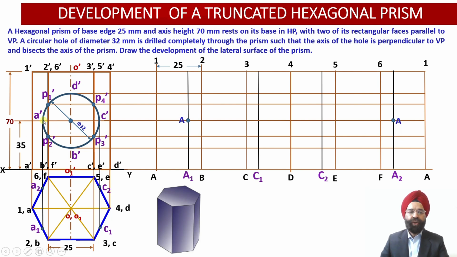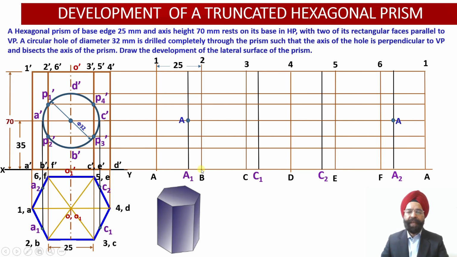So once we draw a horizontal projector through point A dash, because A dash happens to be the first point of intersection, we know that point A into the development surface view will be located onto the vertical projectors corresponding to the points A1 and A2. So A1 vertical projector happens to lie between the edge AB, and A2 vertical projector happens to lie between the edge points F and A over here.